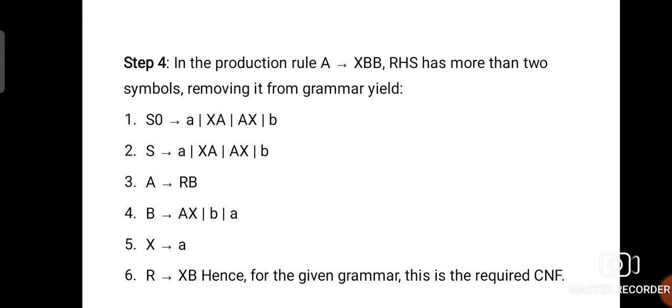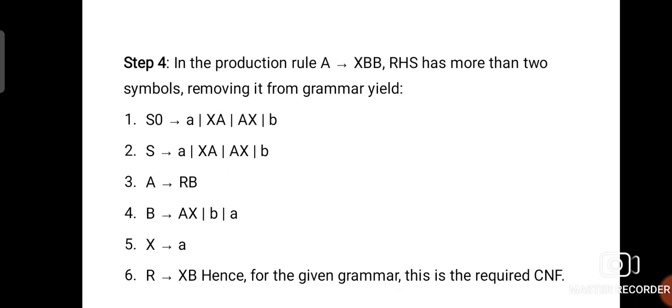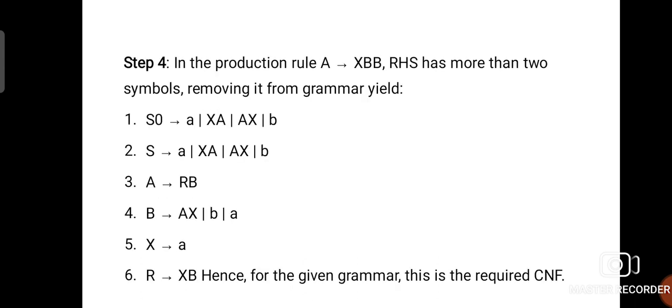After that, in step 4, we will check one by one the productions that do not satisfy CNF form, and we will try to perform the substitutions. Here our production rule A tends to XBB is not satisfying our condition.